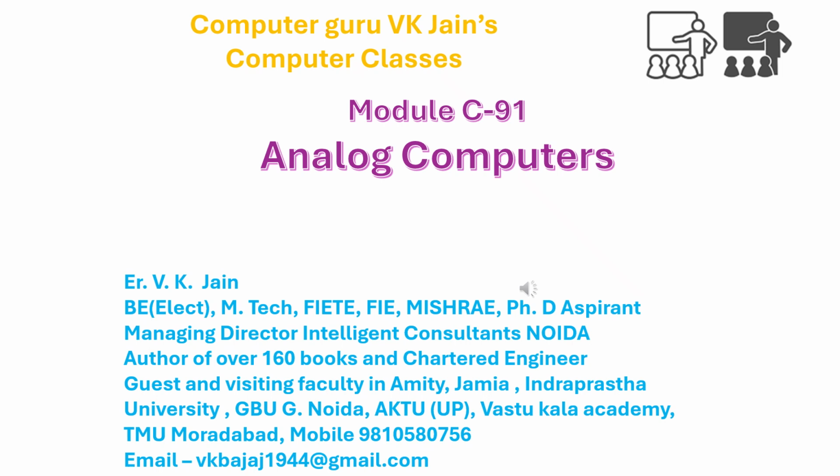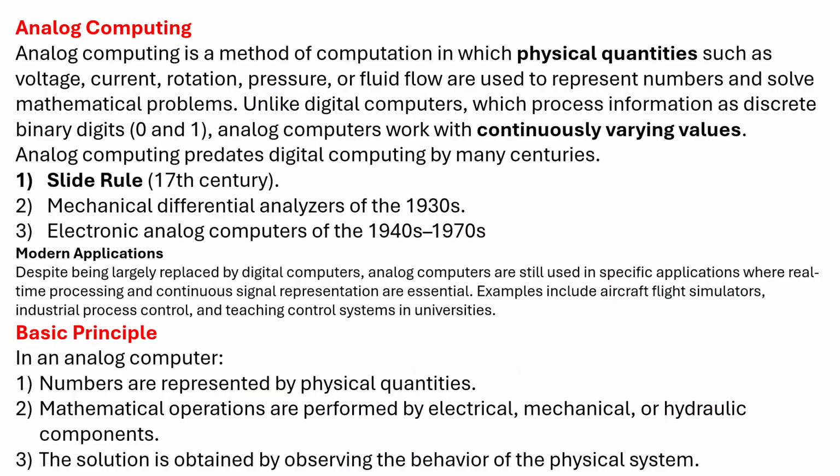In this module, we are going to learn about analog computers. Friends, analog computer is a method of computation in which physical quantities such as voltage, current, rotation, pressure, or fluid flow are used to represent numbers and solve mathematical problems.